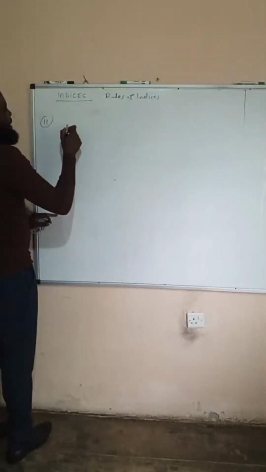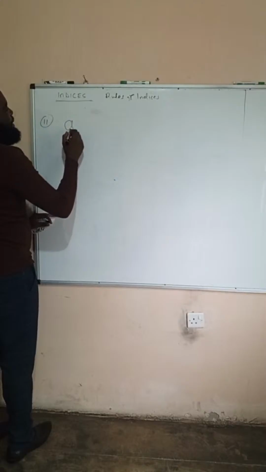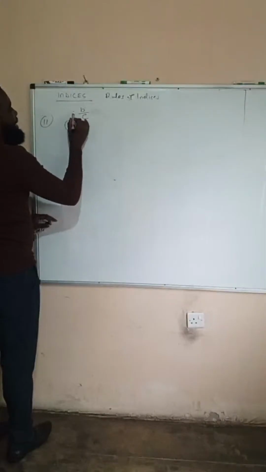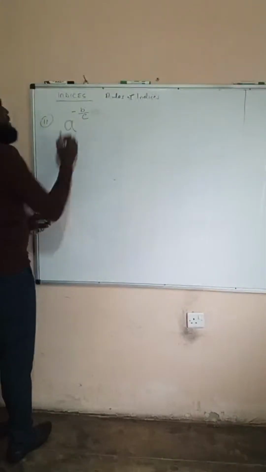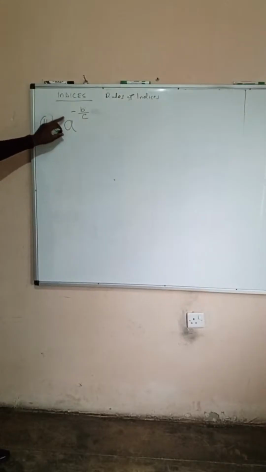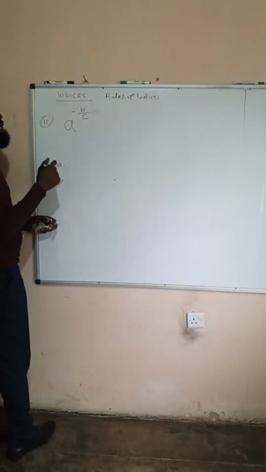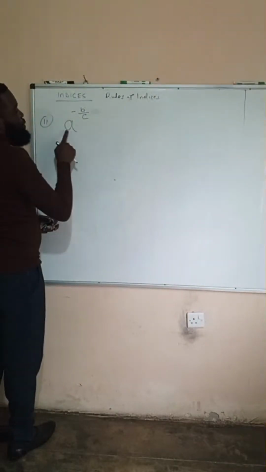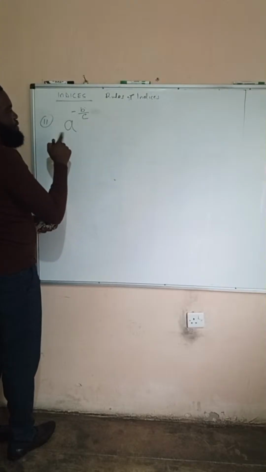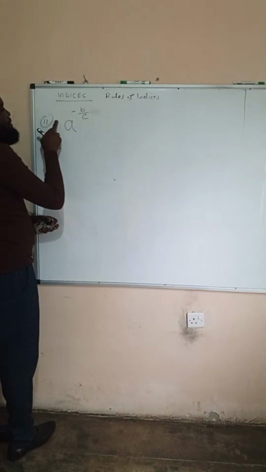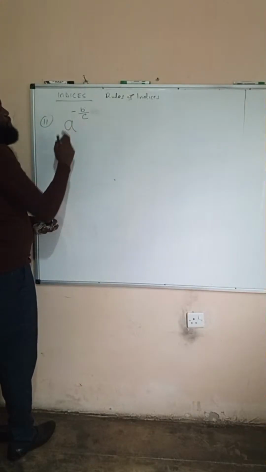So, for example, they give you a to the power b over c, and it has got a negative here. You remember the one that we were dealing with first was just like this, but there was no negative. Where we put a inside the root, c was in front, b was on top.